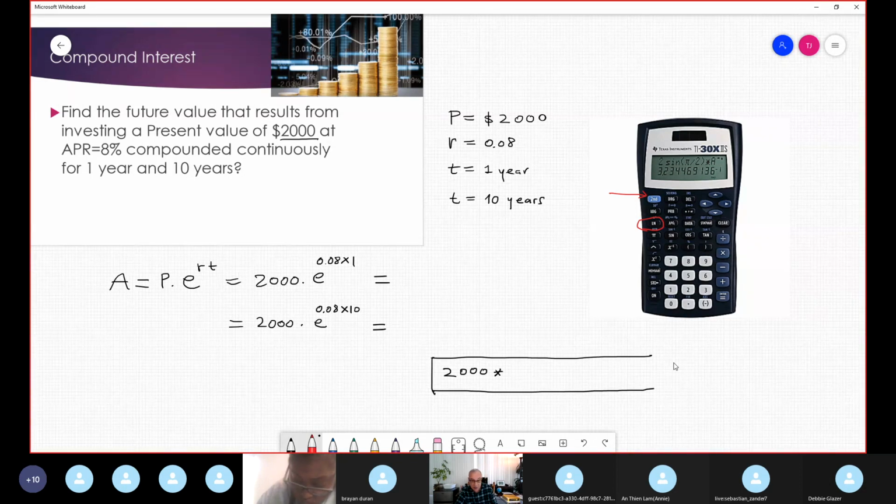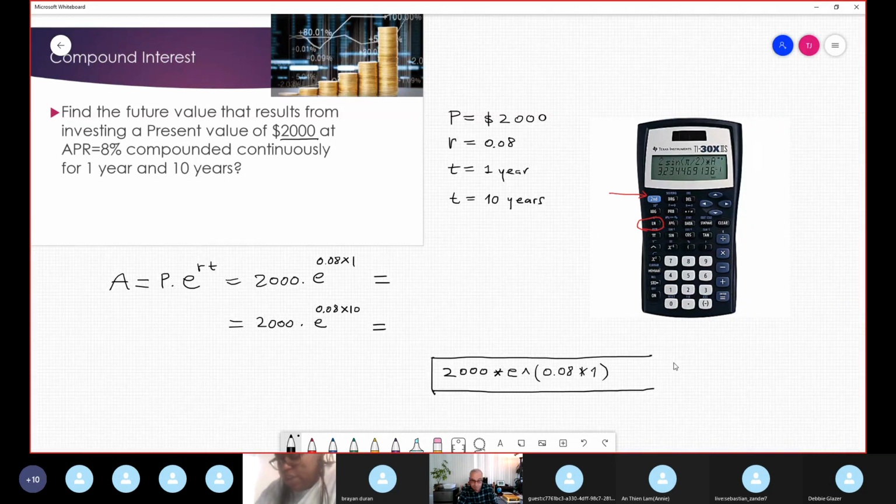I can see in the display right now, e power parentheses. And inside the parentheses, I put 0.08 times 1 or times 10. But let's do it one by one. Okay. So I figured out both answers.